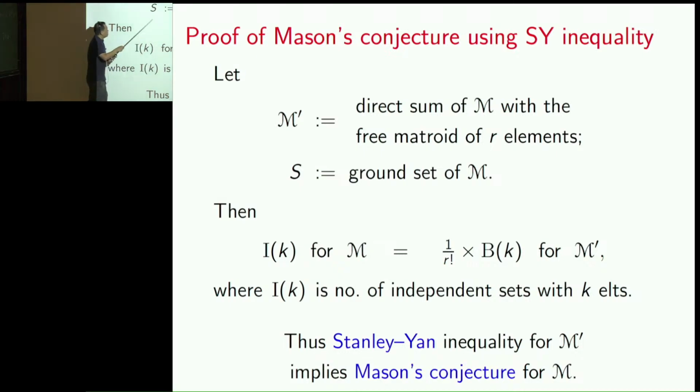And we choose our set S in the Stanleyian inequality to be the ground set of the original matroid M. It then follows, almost by definition, that I_k, the number of independent sets with exactly k elements for the old matroid, is equal to the number B_k for the new matroid M prime, normalized by 1 over k factorial, just by a constant. In particular, the Stanleyian inequality tells us that the right-hand side is log-concave, and therefore the left-hand side, which is Mason's conjecture, is also log-concave. Okay? So this is a one-page proof of Mason's conjecture, by using something stronger.